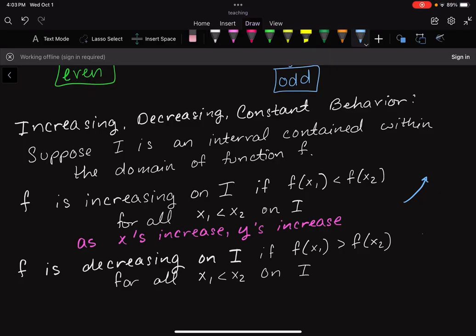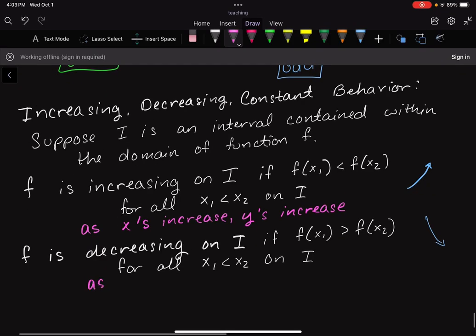Again, all this is trying to say is as your x's are increasing, your y's are decreasing. That's all that's happening.